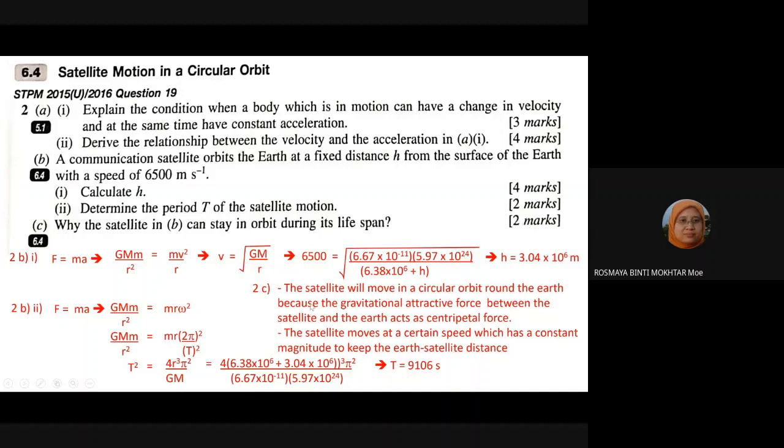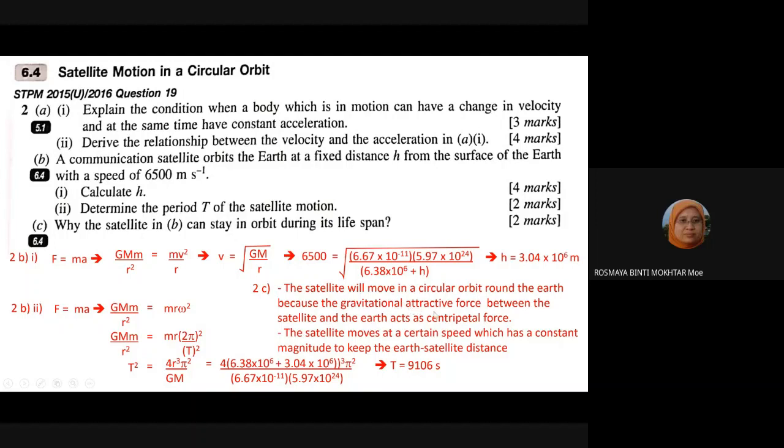The first content: the satellite will move in a circular orbit around the Earth because the gravitational attractive force between the satellite and the Earth acts as a centripetal force. In other words, the centripetal force is provided by the gravitational force for the circular motion.